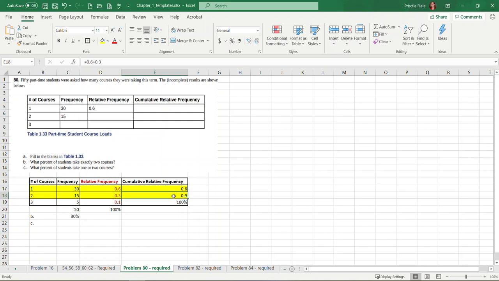Remember, the second one includes the first and the second. So you don't need to add this or it would be incorrect. You would have 150%. Again, what percentage take 1 or 2 courses is including both. The cumulative already counts for both. This counts for this, and this counts for this too, and this counts for the one before. So the value is 90% are taking 1 or 2.